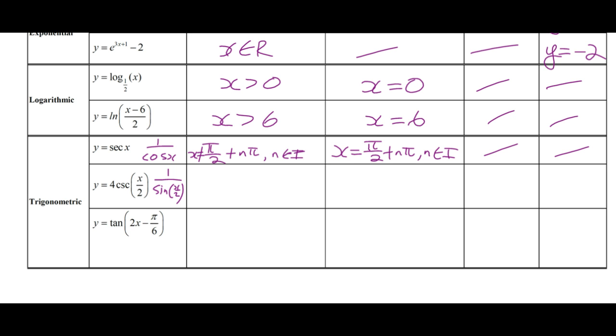Okay, so if we're horizontally stretched by a factor of 2, then that's going to change where our zeros are, right? So normally for sine, the zeros would be every pi, right? 0, pi, 2 pi, 3 pi. If we're stretched by a factor of 2, it's going to be every 2 pi.